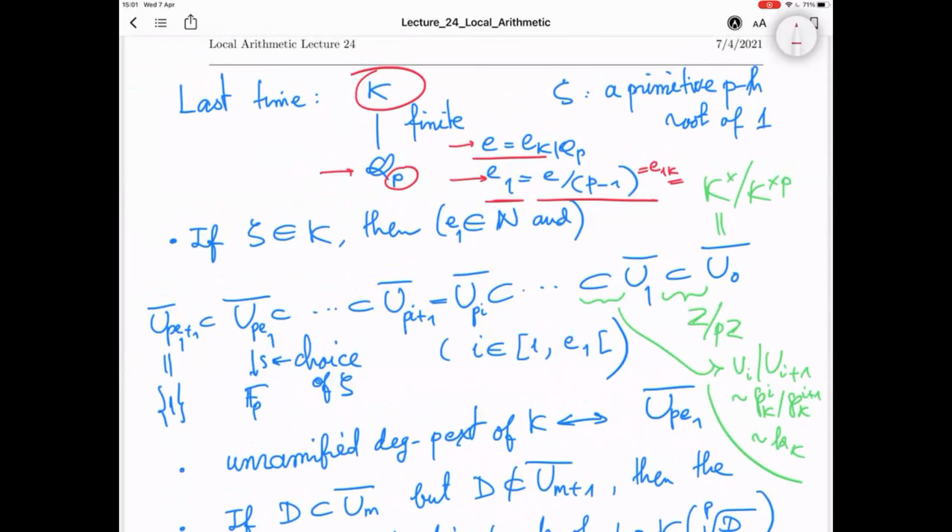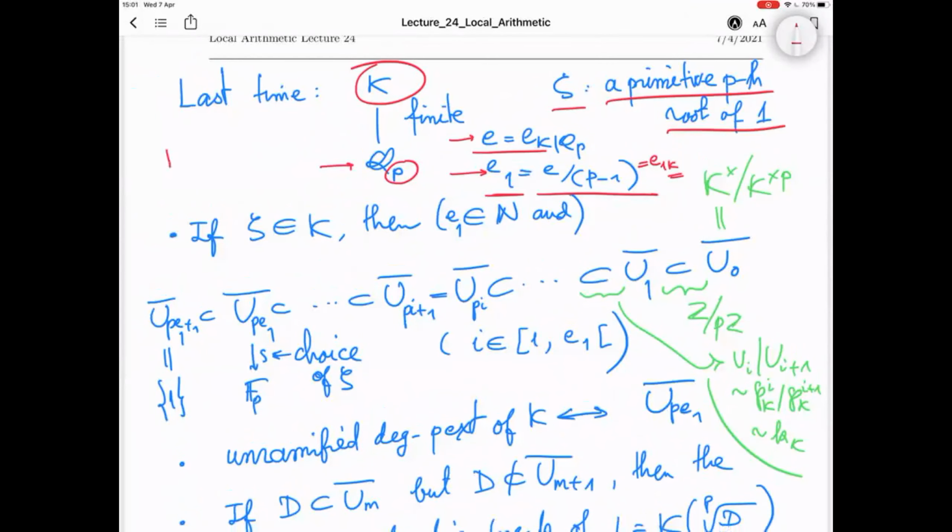And let's denote by zeta a primitive pth root of unity. We were interested in finding out what the structure of this is. It's not a field, it's a vector space over F_p, along with its filtration.